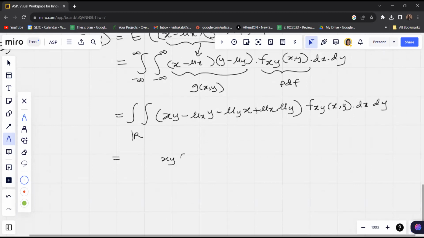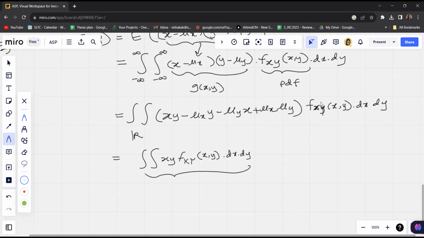And the xy into f_XY would be, I will write it in this manner where you will denote the f. In here it should be capital XY, right? We will go with the notations. So capital XY and inside bracket simple xy, and then you take the double integration with respect to dx and dy. So what is this?